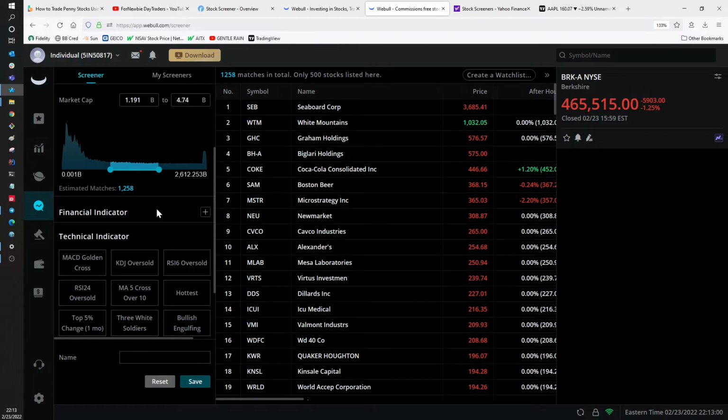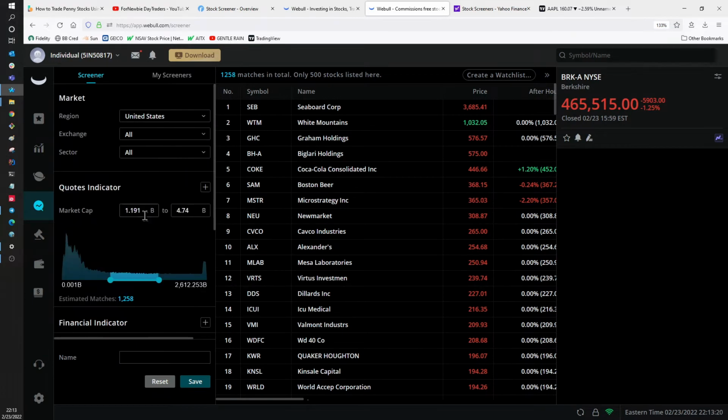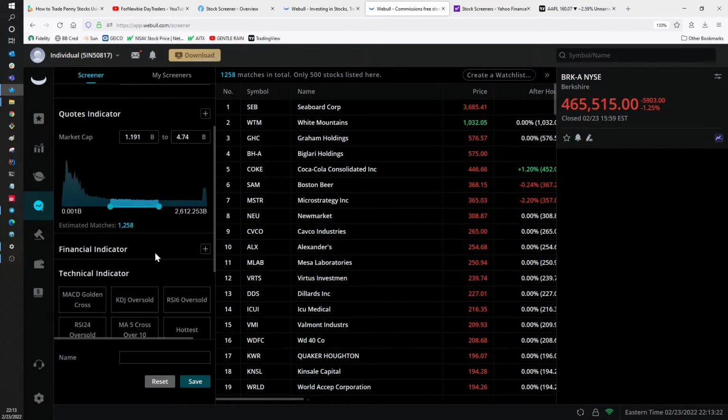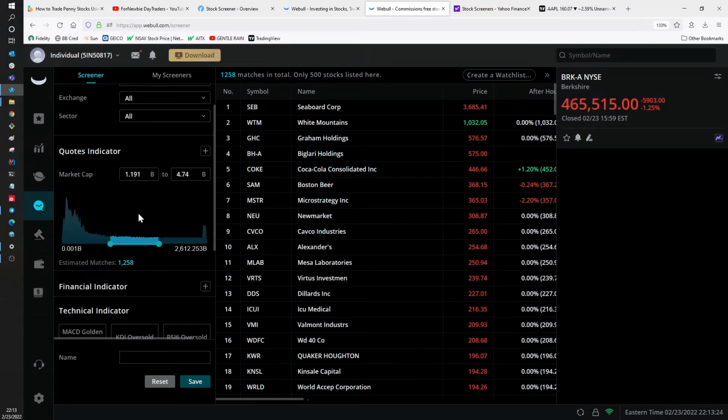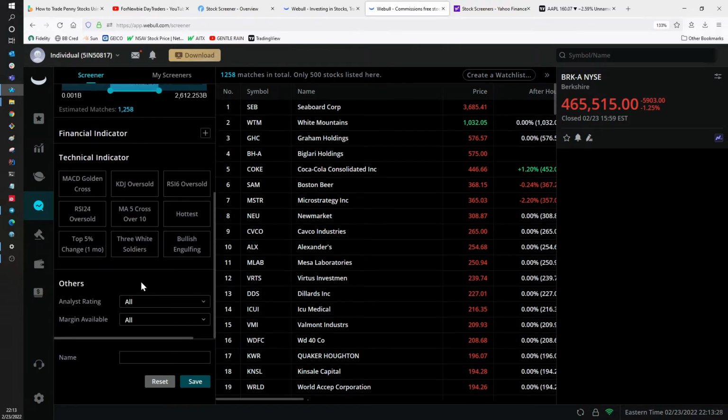But now that we know more and we've come to the end of the series, for example, three white soldiers, you should know that is a candlestick pattern, bullish engulfing, and the oversold RSI. But I didn't see too many other technical ones, like there's a market cap. I didn't know where volume is. So you may want to explore this further.